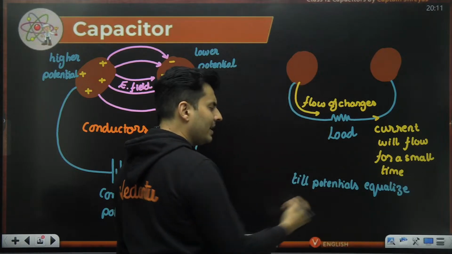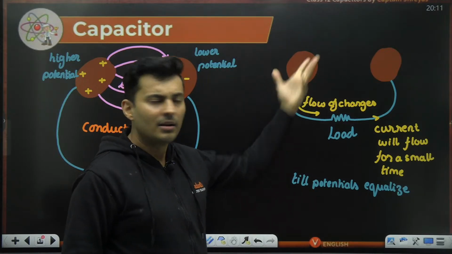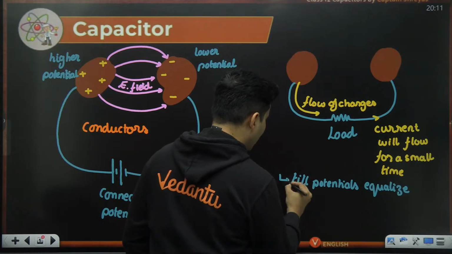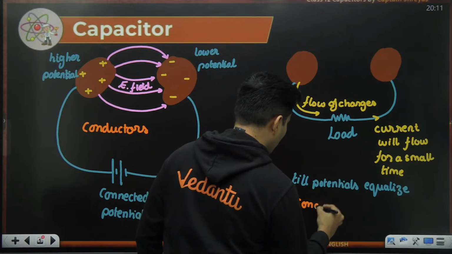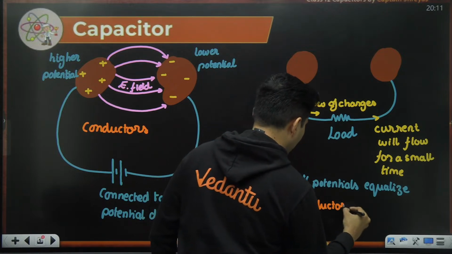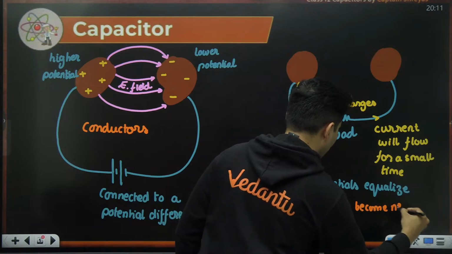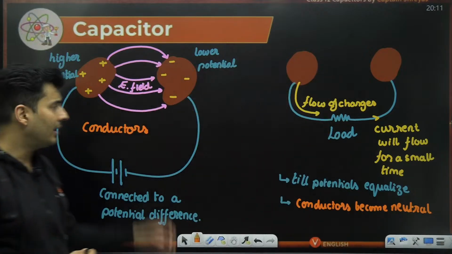It will flow for a very small amount of time till the potentials equalize, and both the conductors will eventually become neutral in this process. They will lose all the charge that they had accumulated.